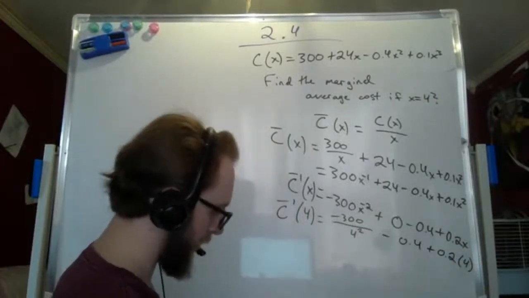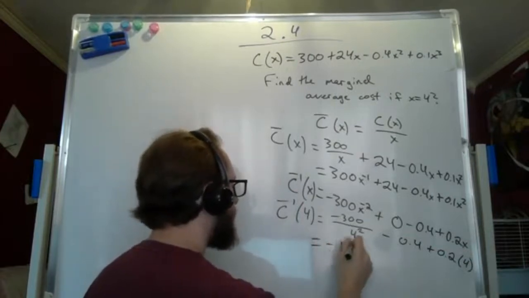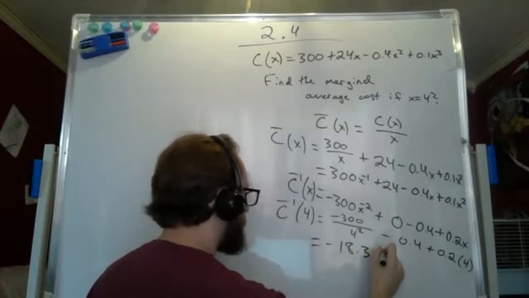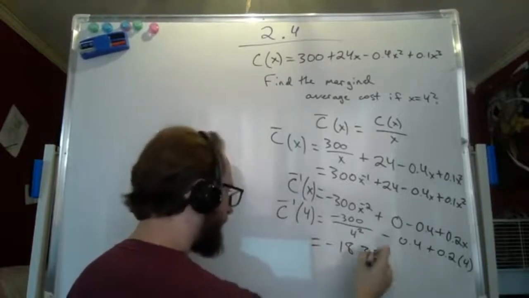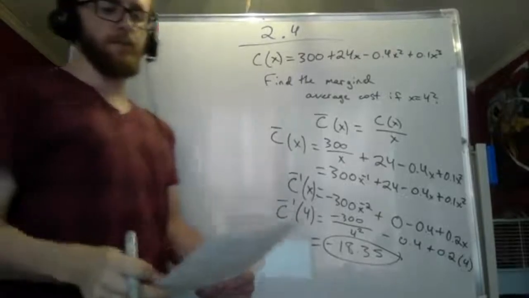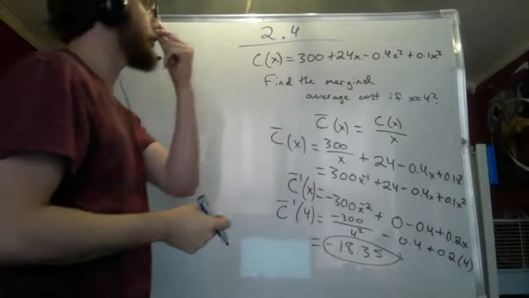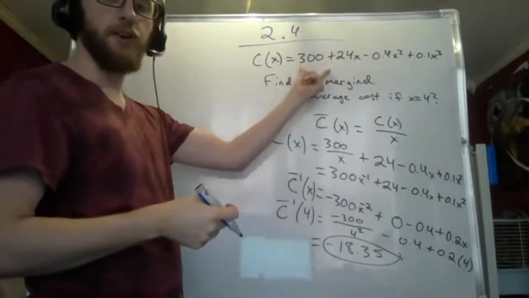And when we do that, and you can type that in your calculator, we're going to get an answer of -18.35. And there we have it. That's our final answer for this question. So there you go. This is how you would solve for marginal average cost given a cost function.